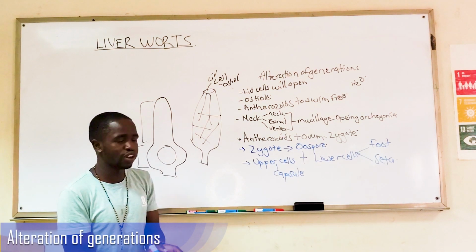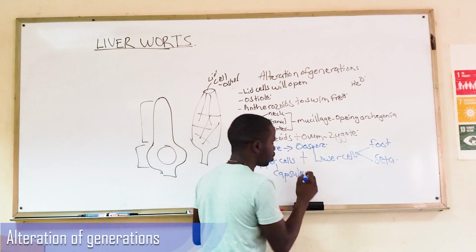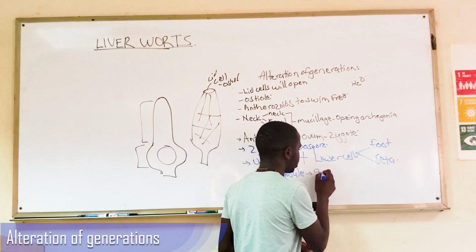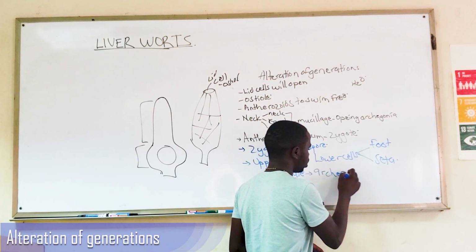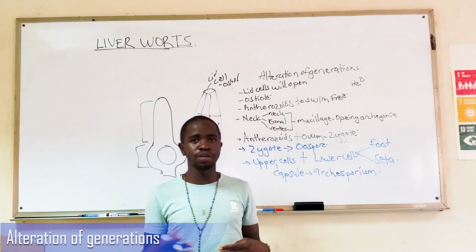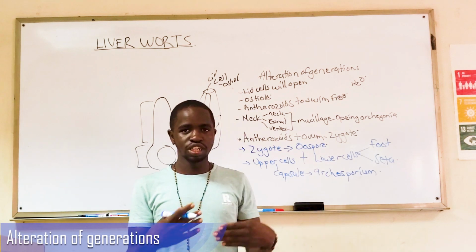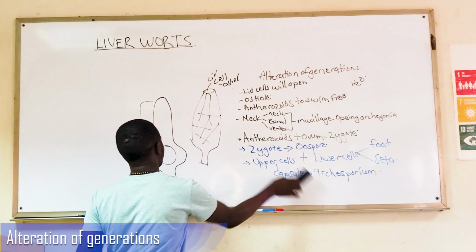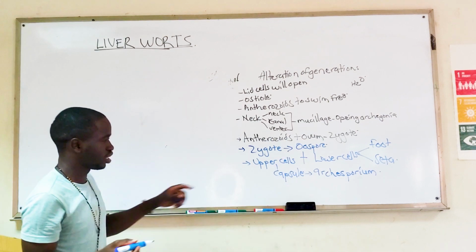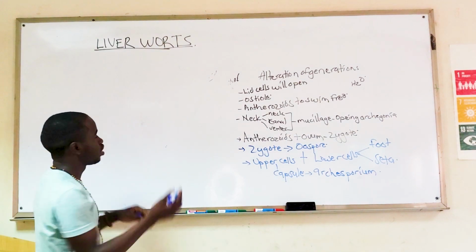But how do we arrive at the spore cells? This capsule shall enclose a very huge mass of cells called the archesporium. The archesporium is a conglomeration of unspecialized cells. Then these archesporial cells shall undergo differentiation into different types of cells.